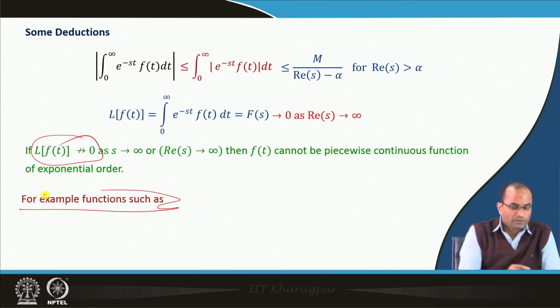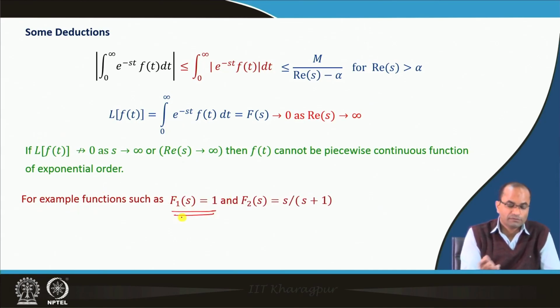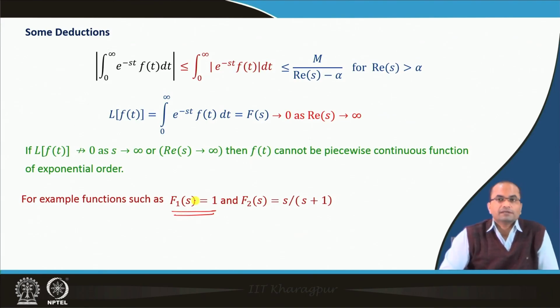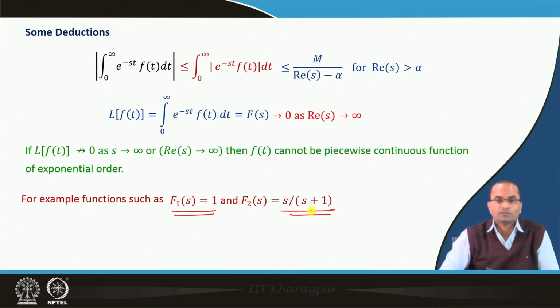So, for example, for functions like F(s) equal to 1, we will see later on that we have some functions whose Laplace transform is 1, for instance, or s over s plus 1.